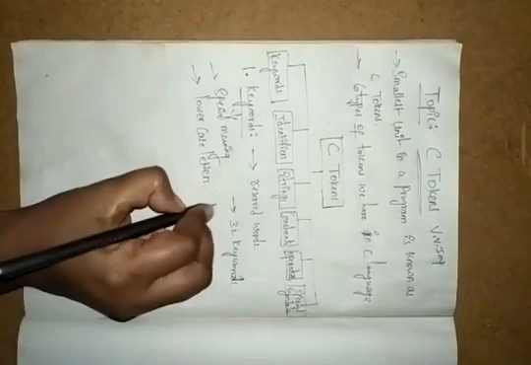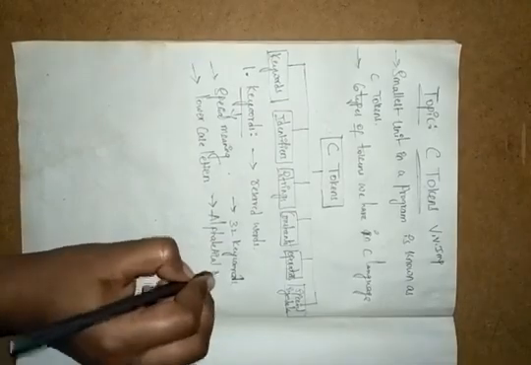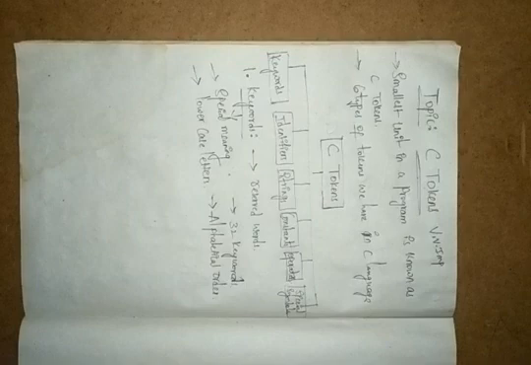The C language has a total of 32 keywords, and they are in alphabetical order.